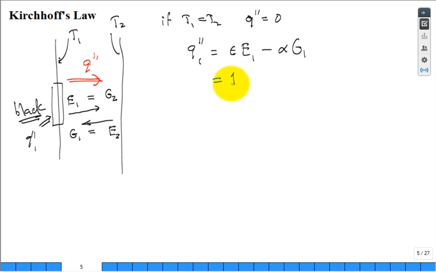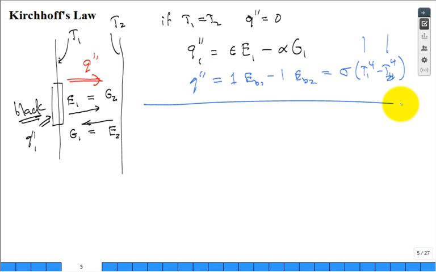Basically, it's 1 times EB1 minus the absorptivity, which is 1, times G1, which is EB2. You just basically get T1 to the 4th minus T2 to the 4th. If they're the same temperature, what is Q double prime? Has to be 0. It has to be 0.